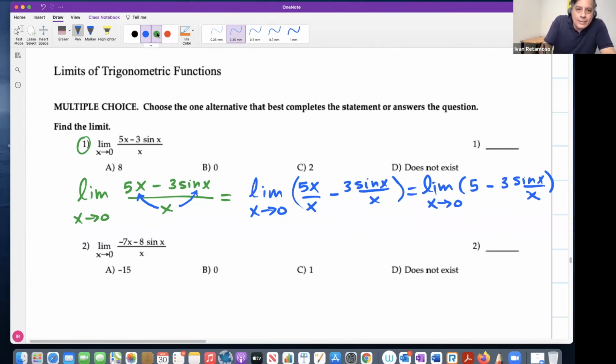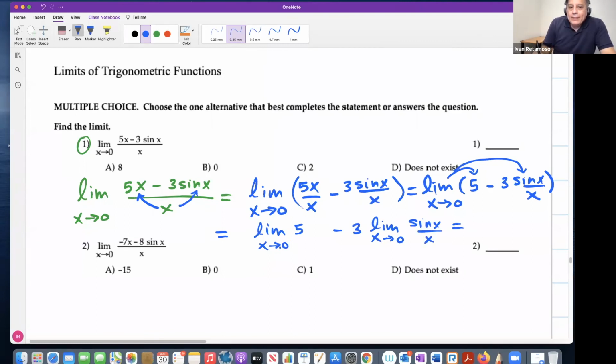Well, because now I can say that this is equal to the limit of a constant function, which I know how to handle, as x approaches 0, minus the limit of this function, 3 times sine of x over x. I have this constant number 3. I can take that constant outside of the limit and focus on figuring out this limit, right?